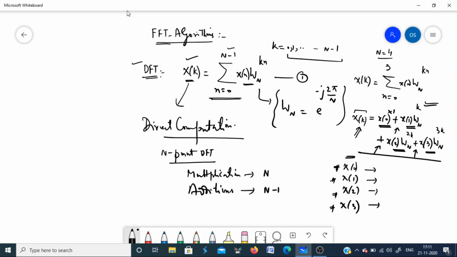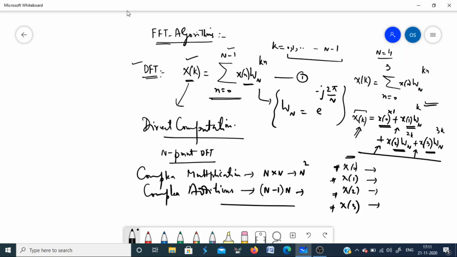So how many points are there in total? N points. Okay, so total multiplication will be N into N, it will become N square, and the total number of additions is N into N minus 1. These are complex multiplications and additions, of course.